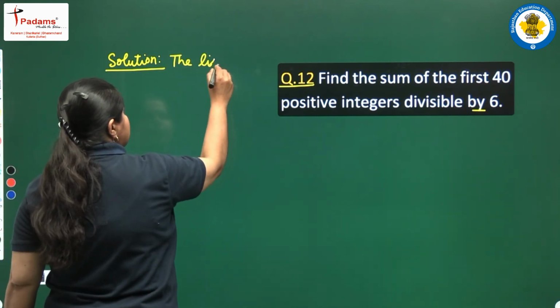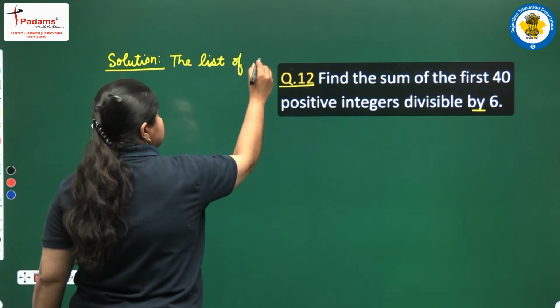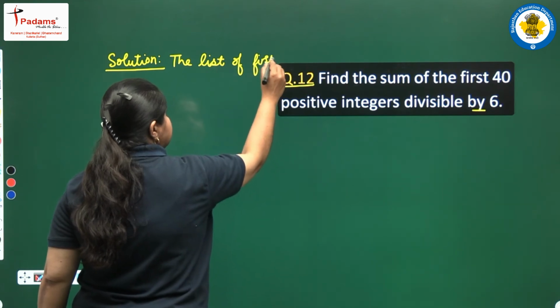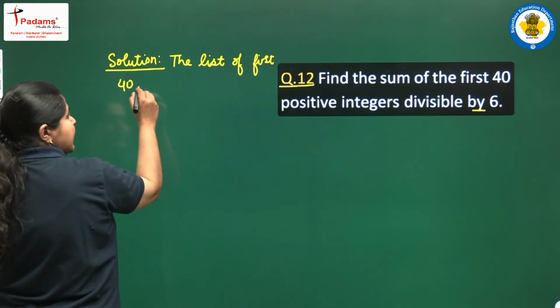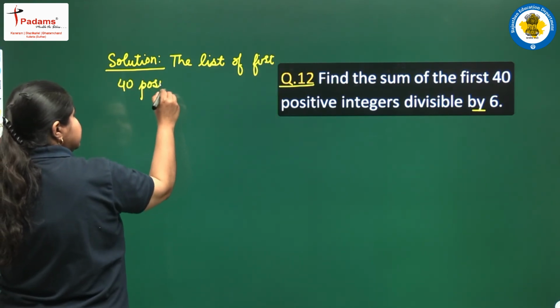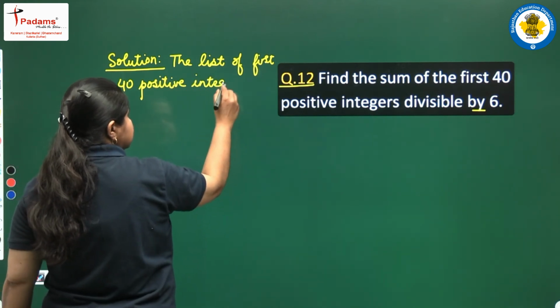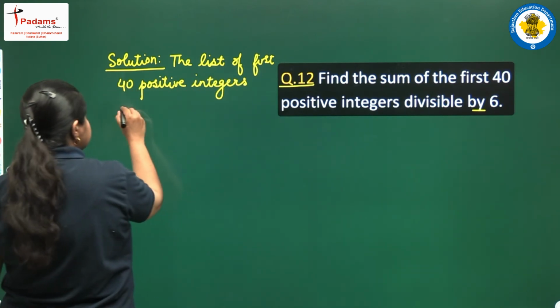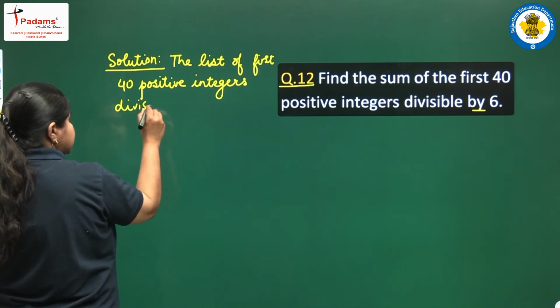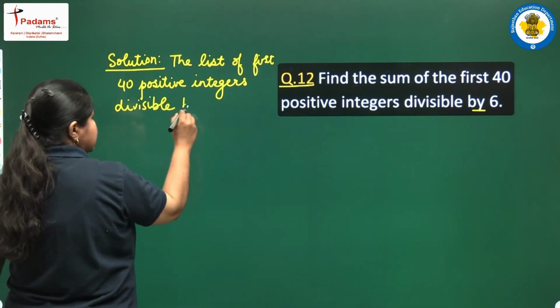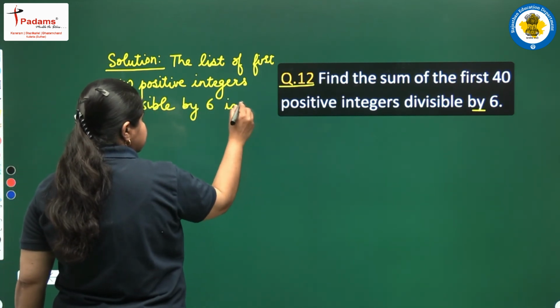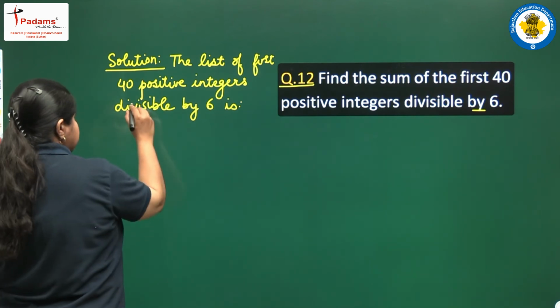The list of first 40 positive integers divisible by 6 is, we write this list.